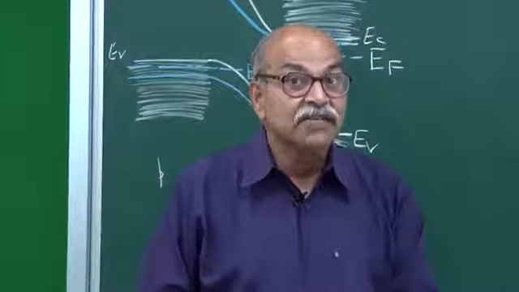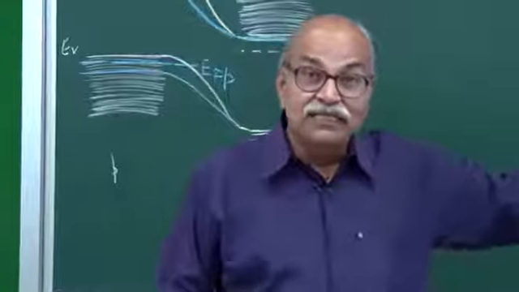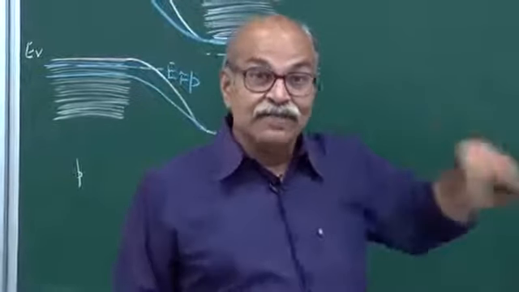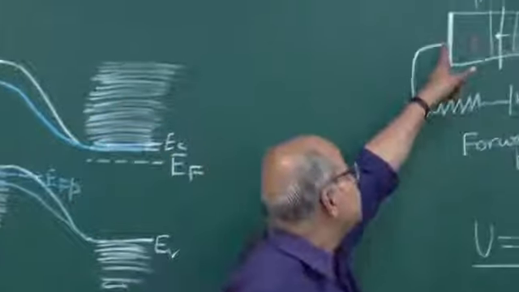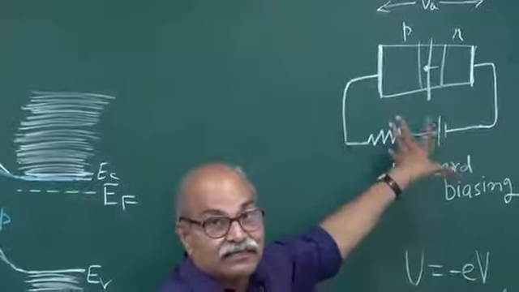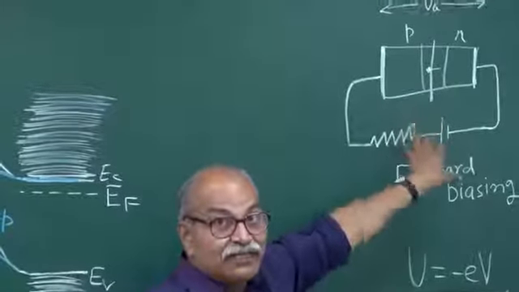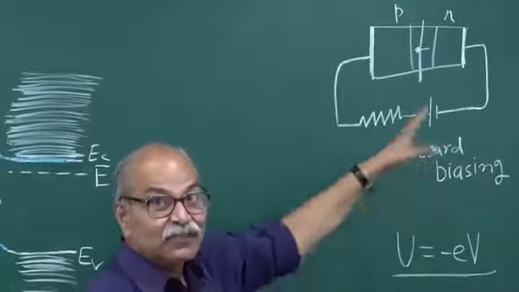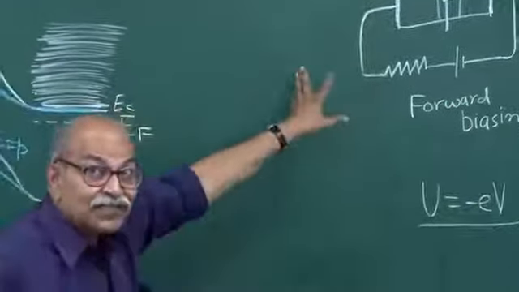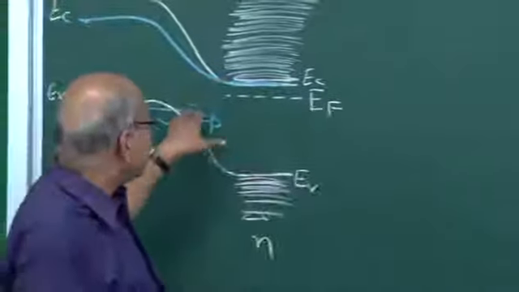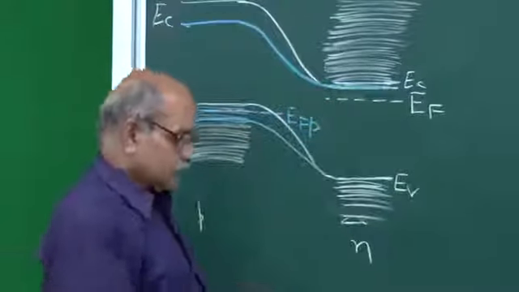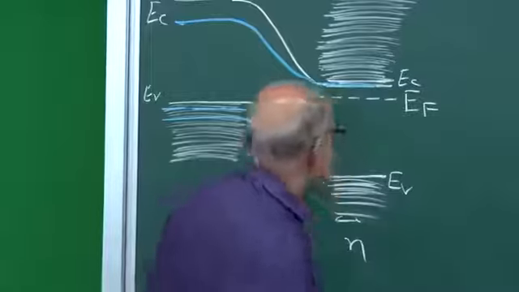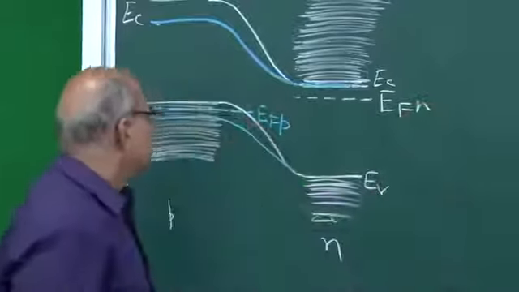Now we have disturbed that equilibrium by putting this cell, and constantly this cell will keep this potential difference fixed. So by forcing this, we will be forcing some current to continuously flow, and therefore that static situation will not be there, and therefore you can have two Fermi levels on the two sides. So this is for N side and this is for P side.